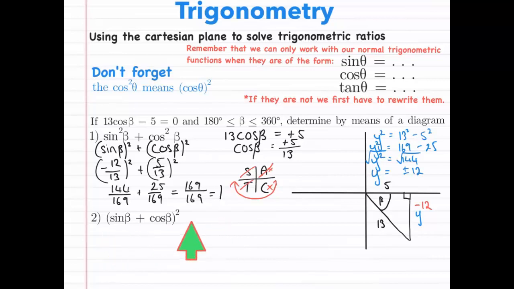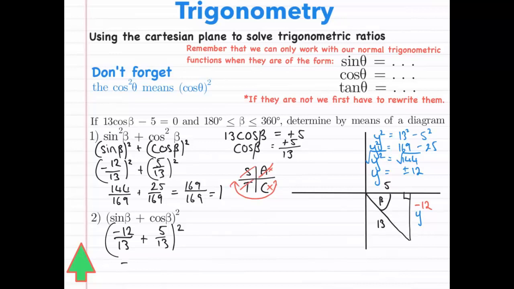Now the next question says that we have to find the sine of beta plus the cosine of beta. Well, we will have the 3 sides for a triangle where the angle is beta, so we can get the sine of beta. It will be my opposite side over my hypotenuse, so that will basically be minus 12 divided by 13, and it's in brackets plus the cosine of beta. We already know it's 5 over 13, and then we need to square it, right?